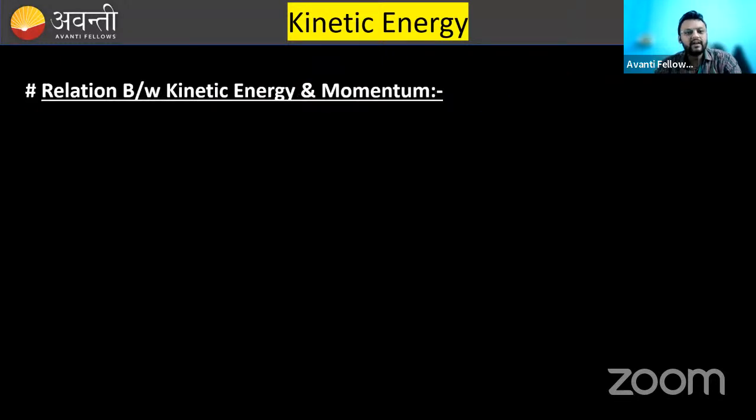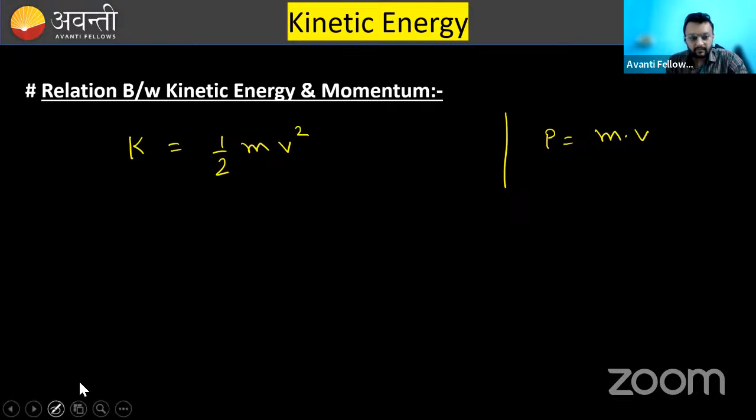So, relation between kinetic energy and momentum. This is again a simple term. We know that kinetic energy is half m v square. How many of you know that momentum is mass into velocity? Momentum is mass into velocity.